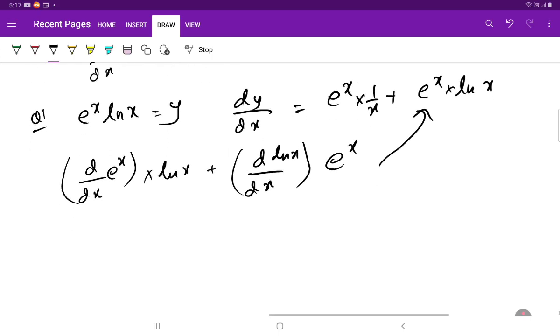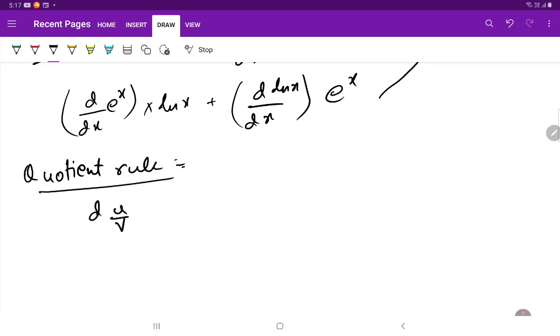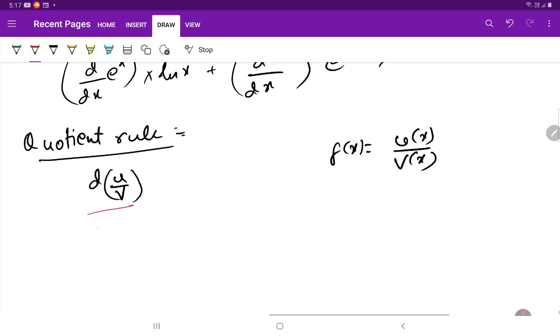So we have learned about the product rule. Coming to the quotient rule, which is another method to solve differentiation questions. If you have a function f of x equals u as a function of x by v as a function of x, then the differentiation of this u by v function with respect to x is written as v du minus u dv, upon v square.